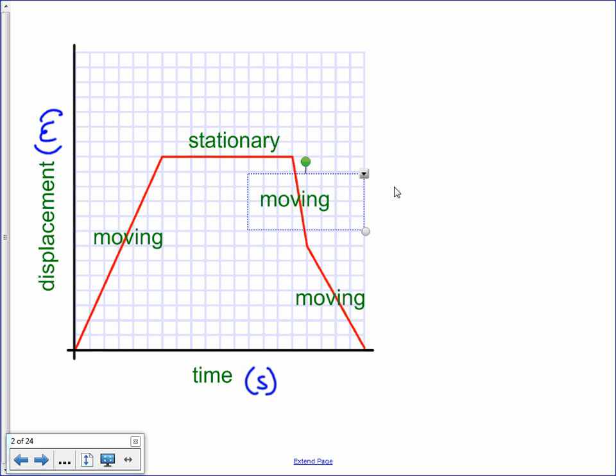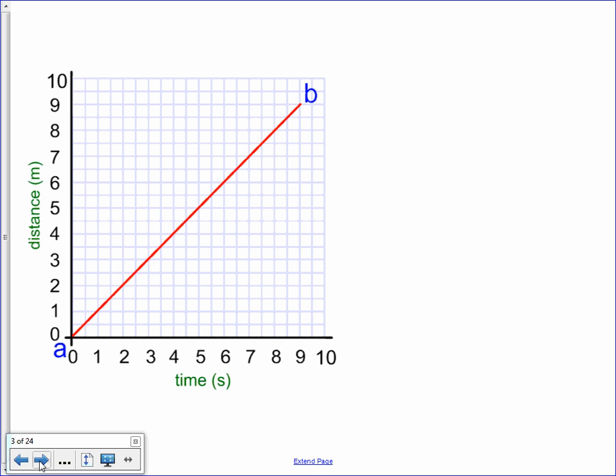Here, in this section, we have a negative slope and also a negative slope. Different values though. This is a little steeper. So that indicates that we're moving backwards, whatever we define our negative direction to be, at a higher velocity or speed than over here.